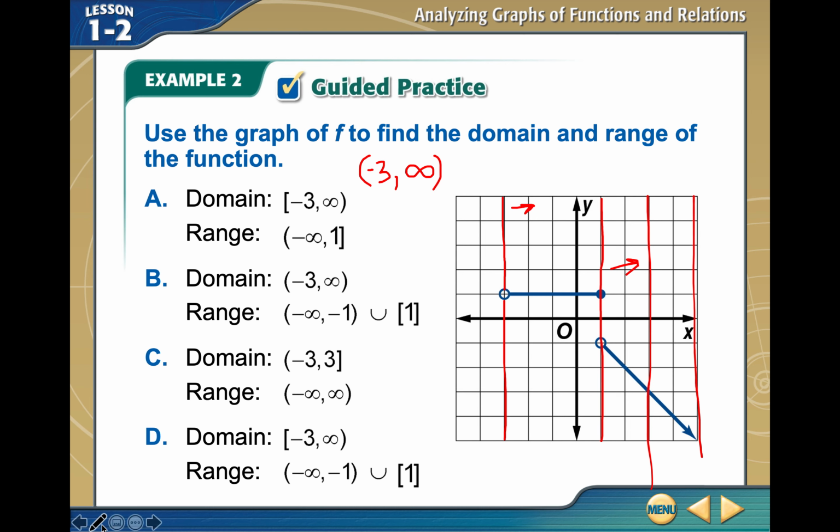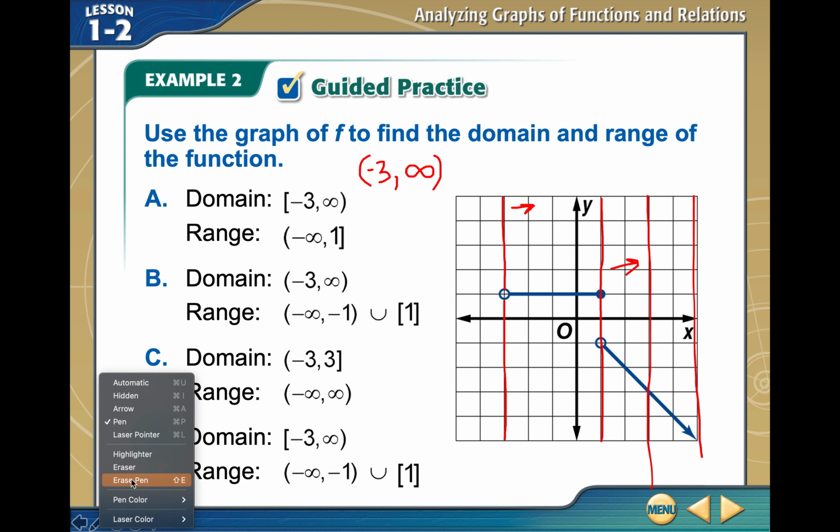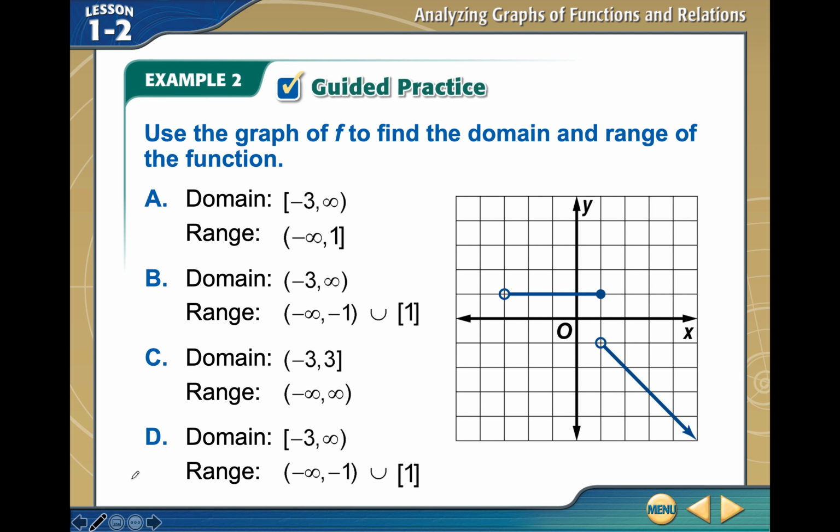So now let's take the range. So what is our range? I will use the second method to know the range. Of course, you could use the first method also, but I'll use the second method. So I'll project all my points onto the y-axis. So I'm going to project this onto the y-axis.